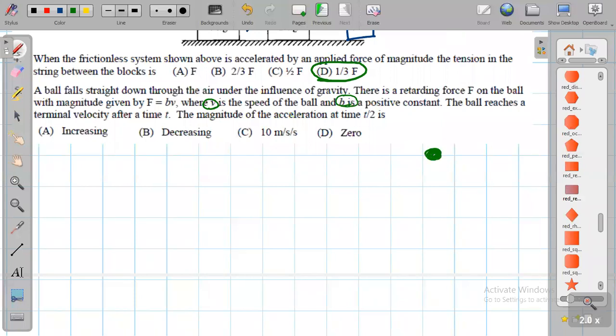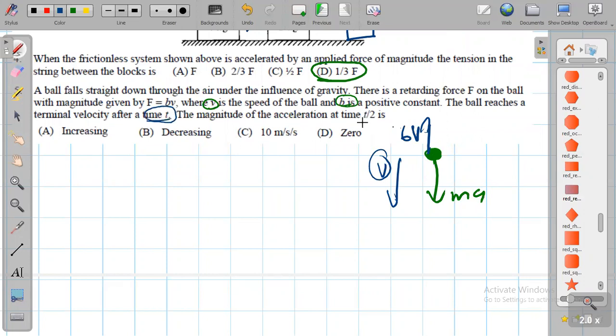The weight is downward, mg, and there is a retarding force of bv. The velocity downward is v. The ball reaches terminal velocity after time t.